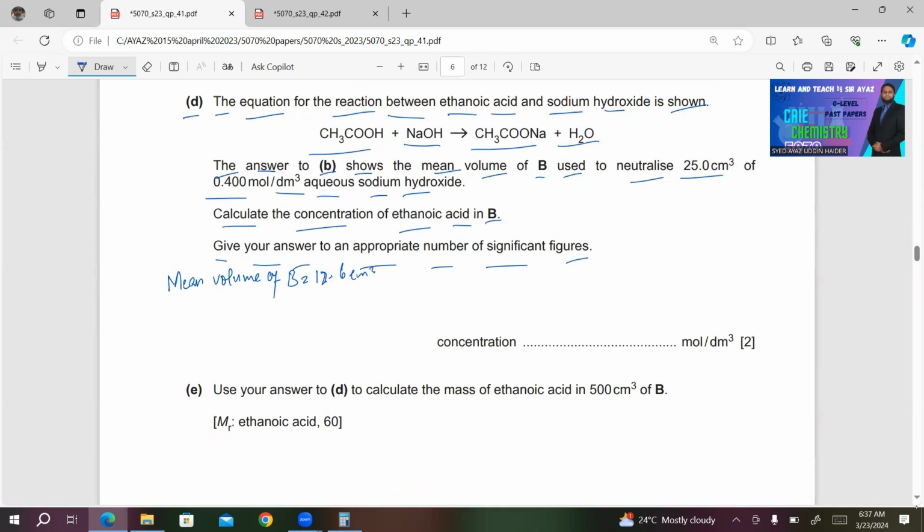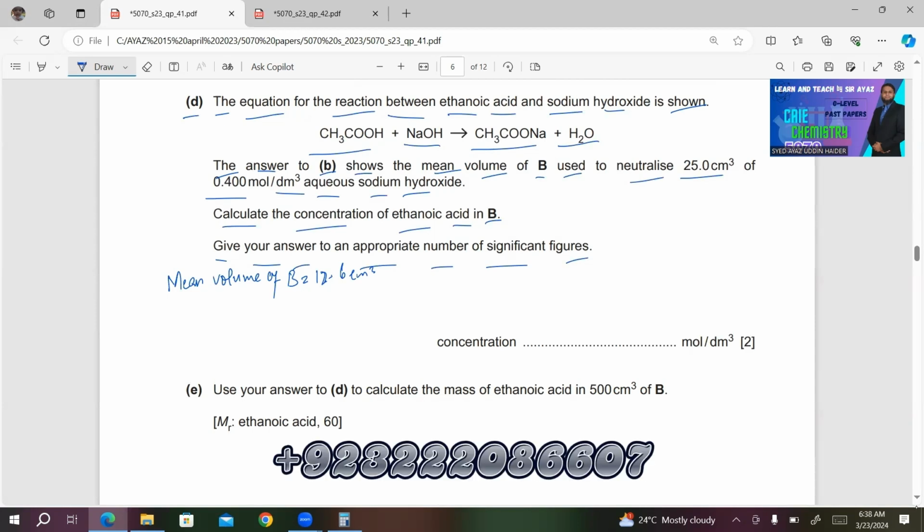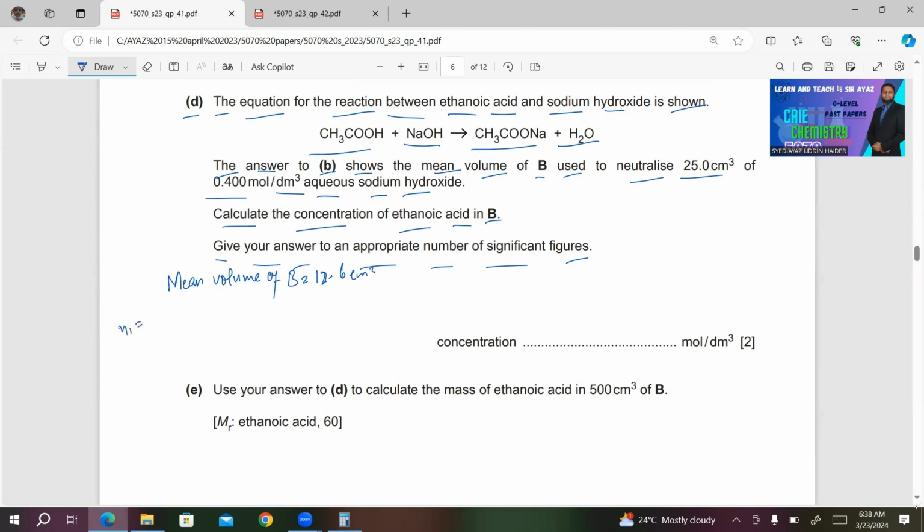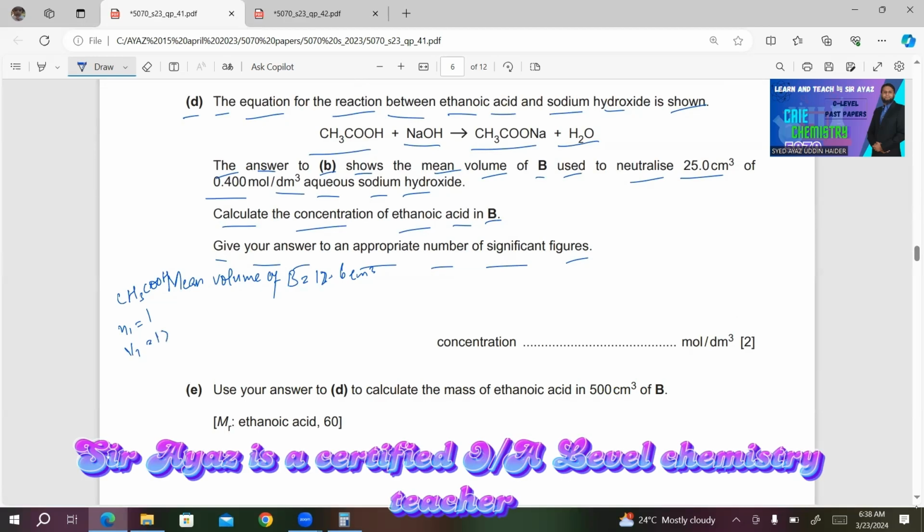Other information provided in this question is the number of reacting moles. If we consider the number of reacting moles of ethanoic acid as N1, according to the equation it is 1 mole. What about the volume of ethanoic acid? It's 12.6, and we need to calculate the concentration, which is M1.